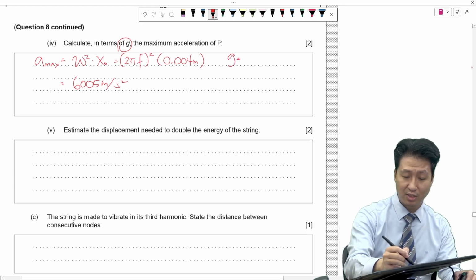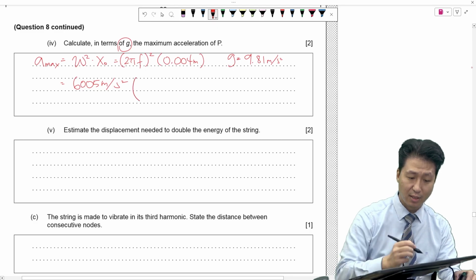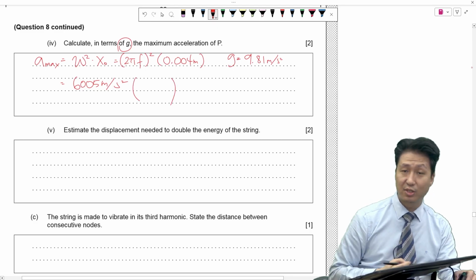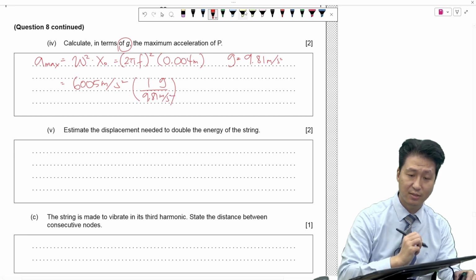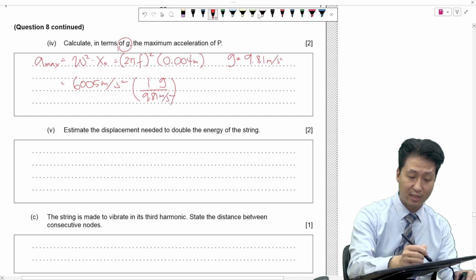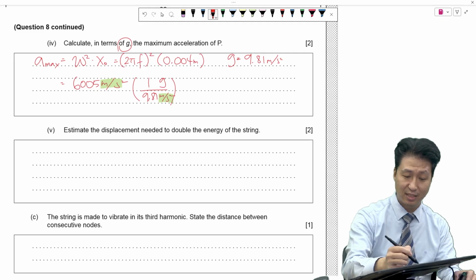But it says in terms of g. G is just the gravitational acceleration, 9.81. So we have to use a unit conversion. We want this to have units g. 1g is 9.81 meters per second squared. We can see that the meters per second squared units will cancel out, and you'll be left with the units for g.